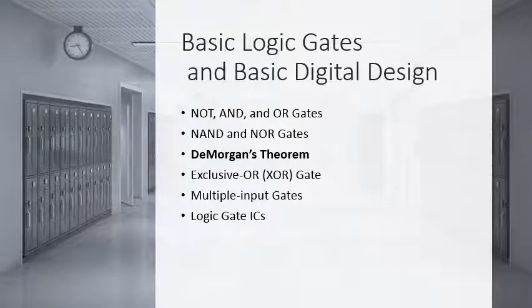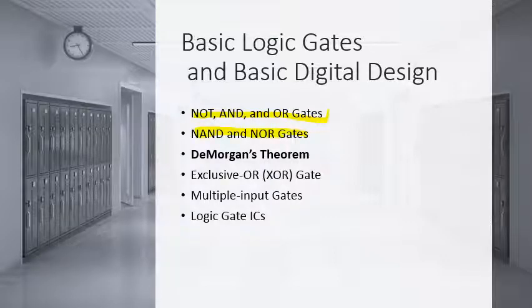Now to start our discussion, till now we have discussed the basic implementation and the symbolic representations for the basic primary gates and the universal gates, NAND and NOR gates, which were discussed in the previous session.